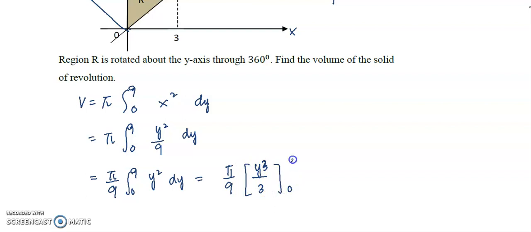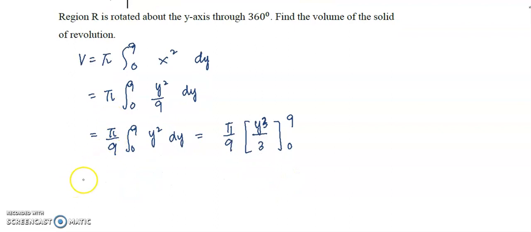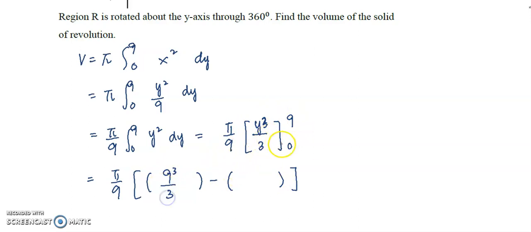And put in 0 and 9. So now we are going to substitute the upper limit inside: substitute the upper limit minus the substitution of the lower limit. Substitute 9 inside, you have 9 cubed over 3. And substitute the 0 inside, you have 0. So finally, you should have 27 pi unit cube.